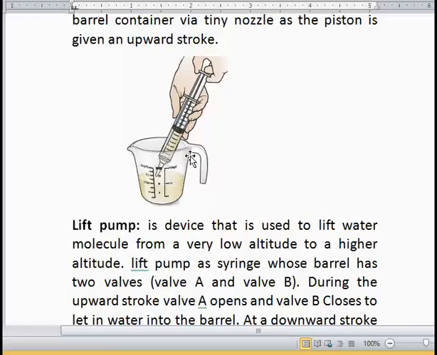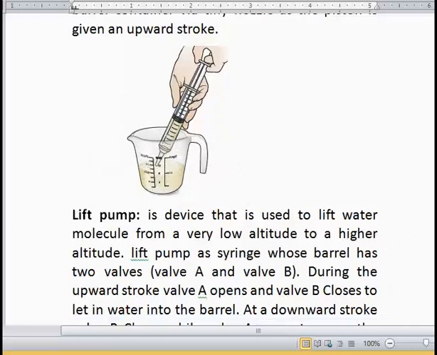Now what happens is this: as you draw the piston backward, you increase the volume of the barrel, and the atmospheric pressure acting on the liquid, remember, the container has atmospheric pressure because it's exposed to the atmosphere, will force liquid to enter into this barrel. So basically, it's just an application, nothing much.